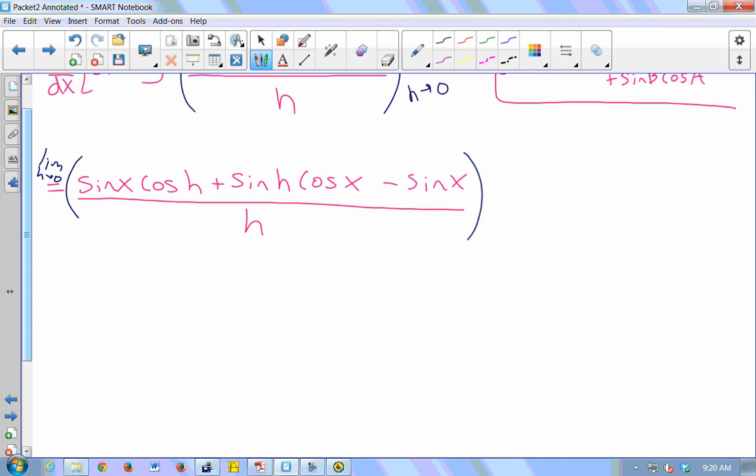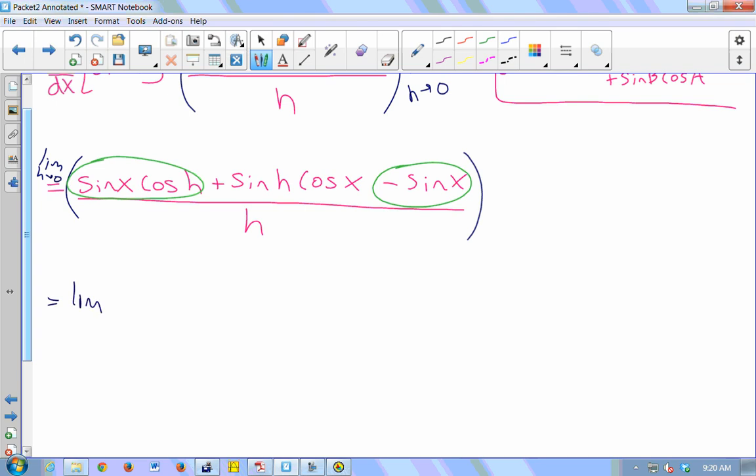You guys are full of life today. Let's look at this term and this term. They both have a sine x in them, right? Okay. Just write them together.